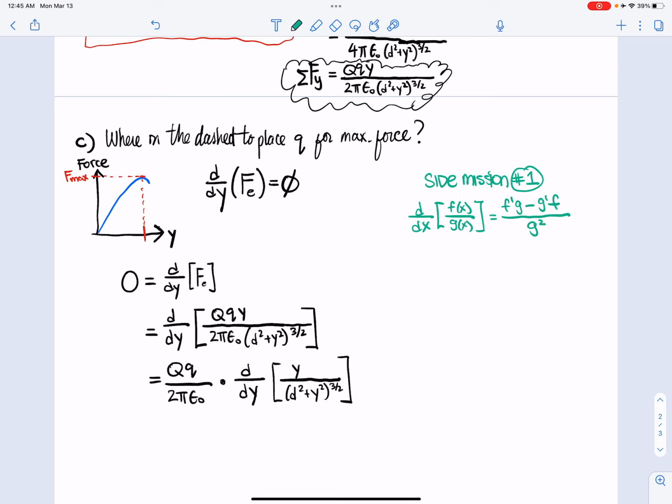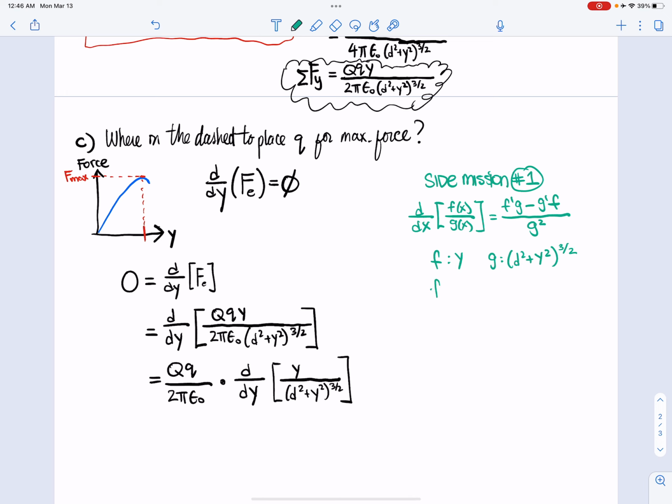In this case, my f, what I have in my numerator, is y, and g, what I have in my denominator, is (d squared plus y squared) to the power of 3 over 2.